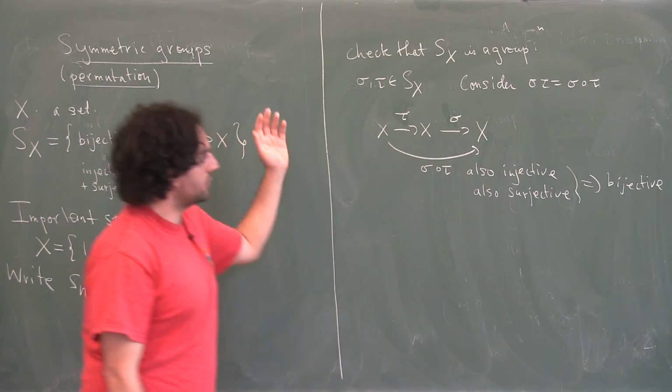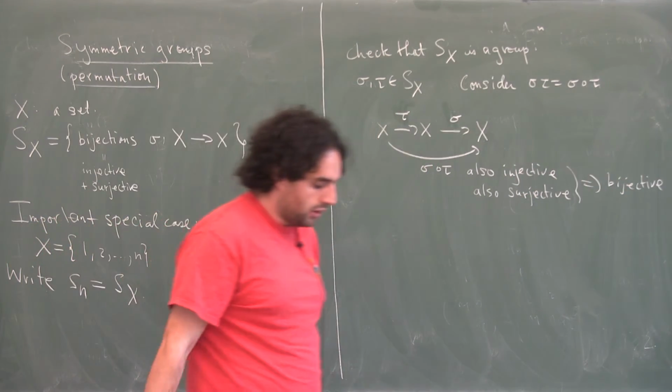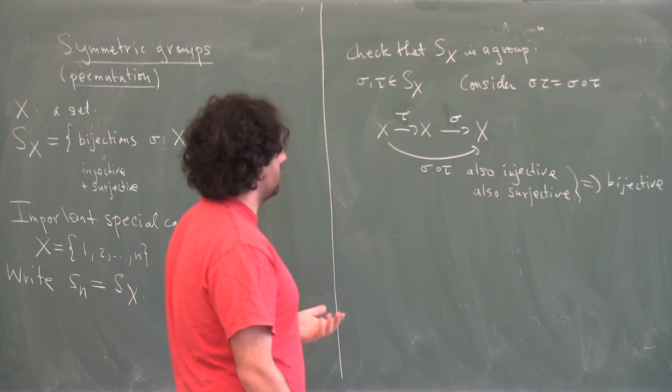Okay, good. So S_X is closed under multiplication.